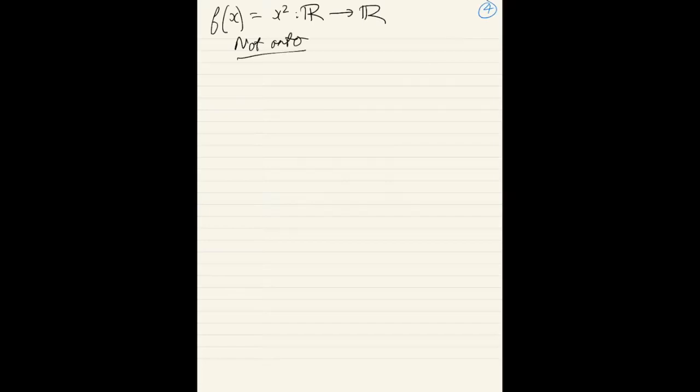Because if I told you, let's consider f of x is equal to -100, then there is no x such that x squared is equal to -100, right? Unless you change your domain to the set of complex valued numbers, then it would be possible. But if you're looking at real numbers, that is not going to be the case.